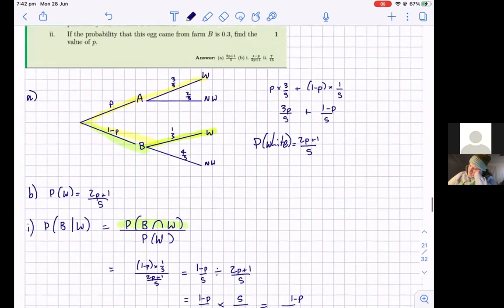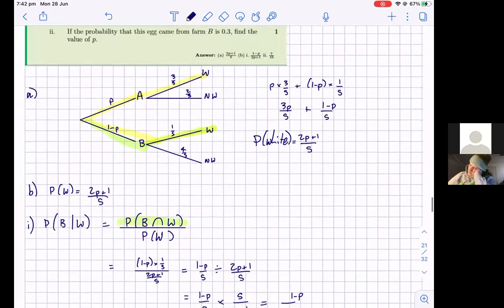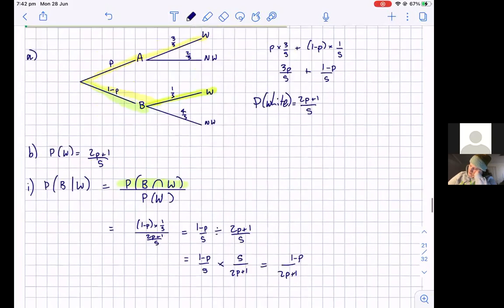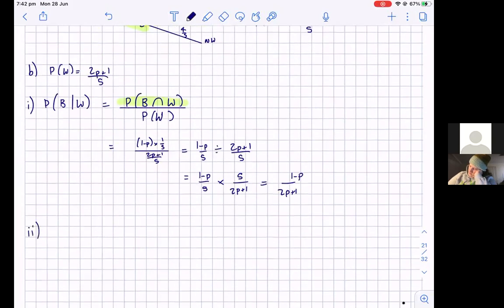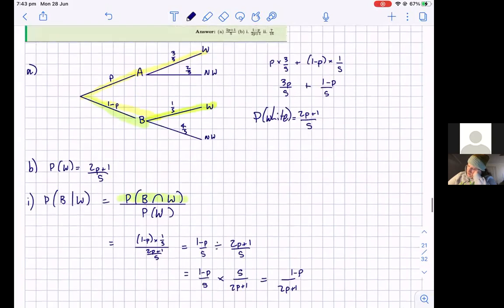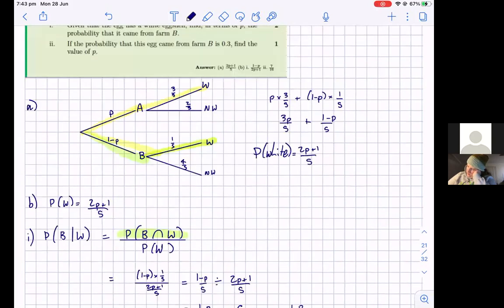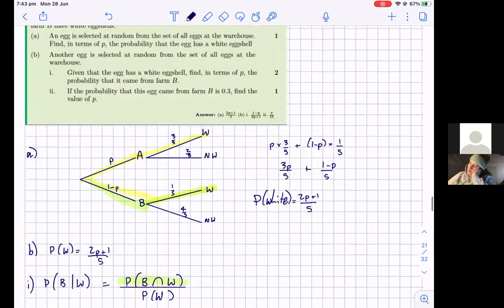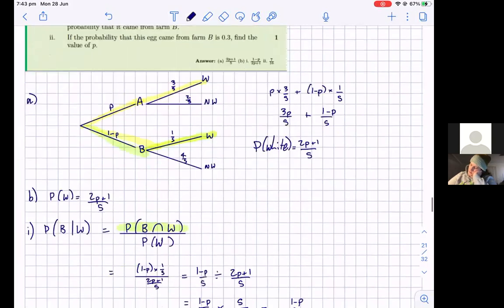Find the probability that this egg came from, if the probability that it came from B is 0.3. We know 0.3 is 1 take P. Oh, we already know that it has a white eggshell. Excuse me.